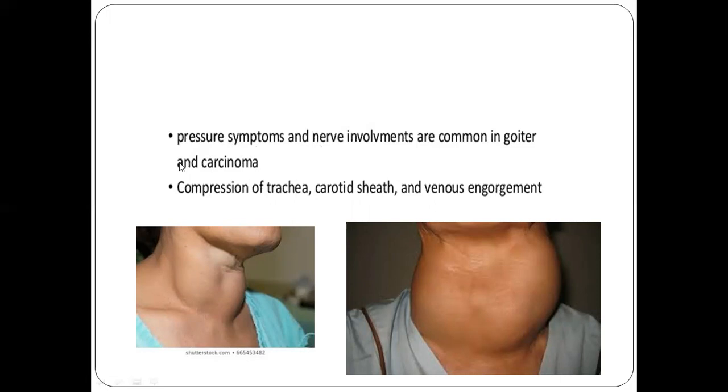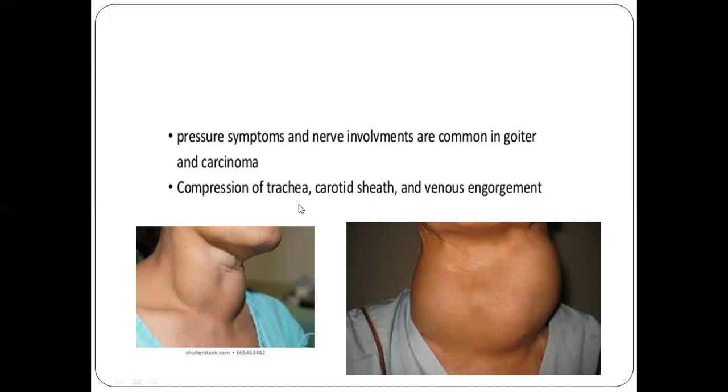And sometimes it causes venous congestion. When it becomes so much enlarged, it gives pressure over the internal jugular veins, the brachiocephalic veins, and the superior vena cava. So it causes venous engorgement, venous compression as well.